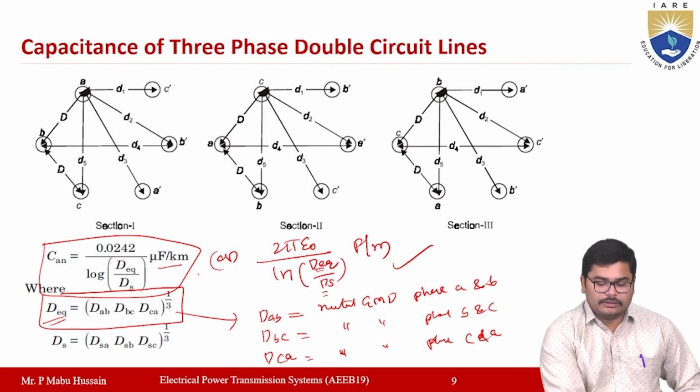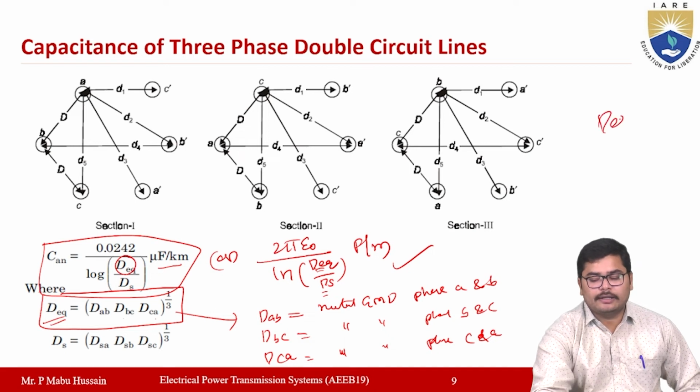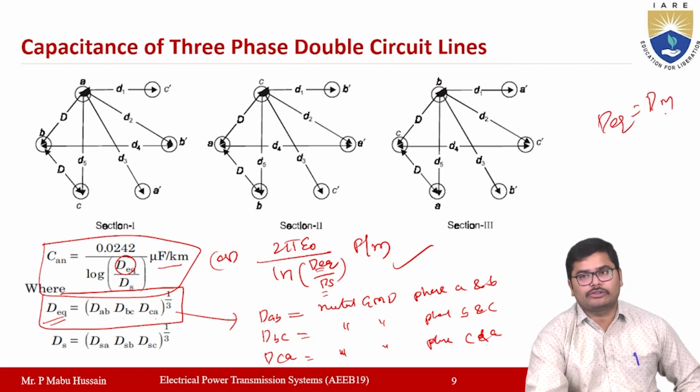So here the value of D equivalent is the same as DM, which is also called the mutual GMD.